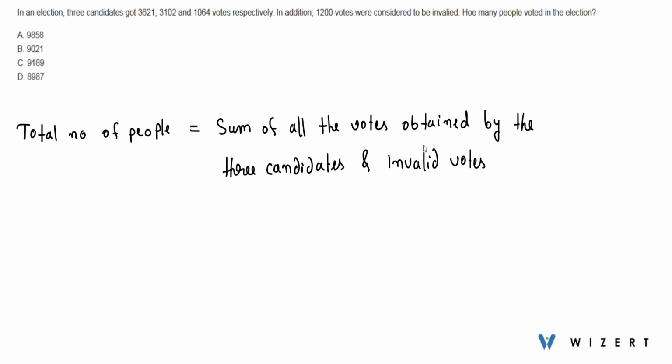So what we have to find out, total number of people will be equal to total number of votes, which is equal to the sum of all the votes obtained by the three candidates and also the invalid votes.